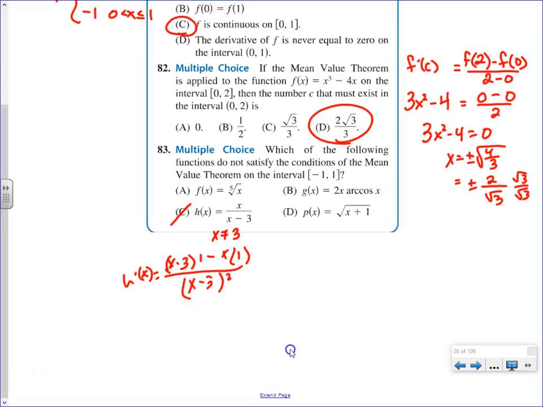D. Where is the discontinuous for D? Well, X is for the domain greater than or equal to -1, right? Because that has to be greater than or equal to 0. But that's fine. -1 to 1 is greater than or equal to -1, so it's continuous. Right? And then differentiable, you would say the derivative, p prime of x, is equal to 1 over 2 square root of x plus 1 times u prime.